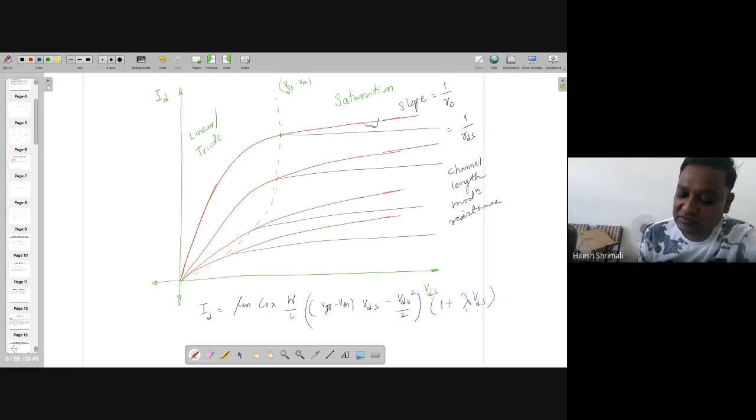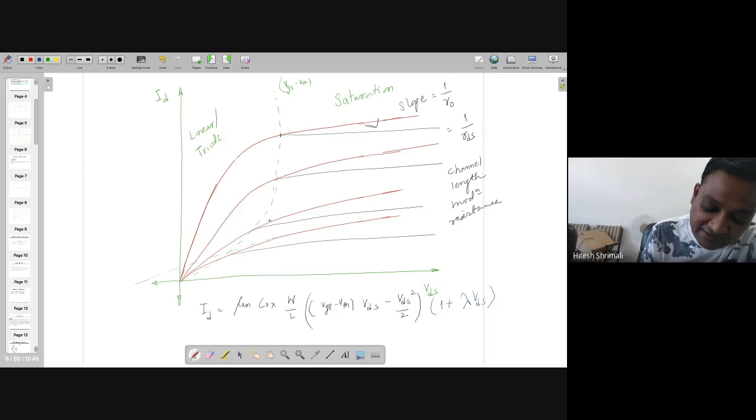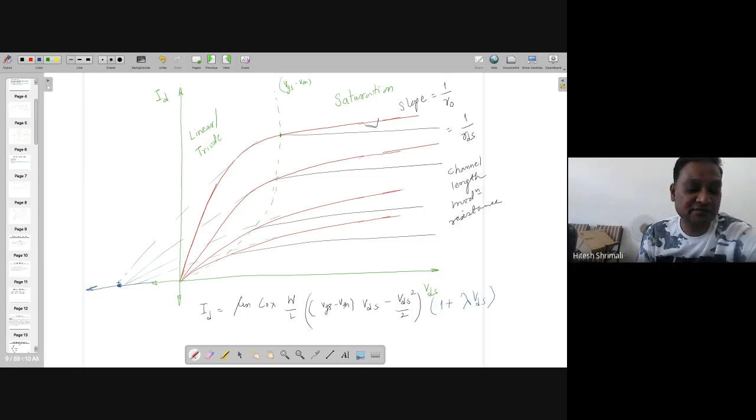So the channel length modulation constant, you can use it and find out. Moreover, if you extend all these, the base part of this is going to coincide at one point. You can call this one VA.